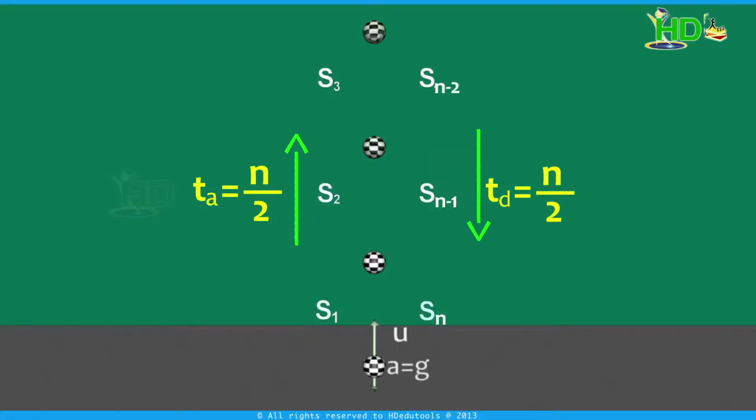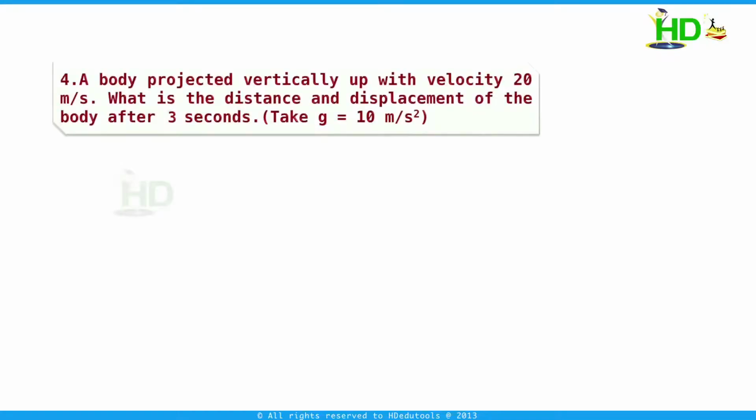Similarly, the distance travelled in second second is equal to the distance travelled in n minus 1 second. The distance travelled in third second is equal to the distance travelled in n minus 2 second. And the distance travelled in n by 2 minus 1th second is equal to the distance covered in n by 2 seconds. We go for another problem.